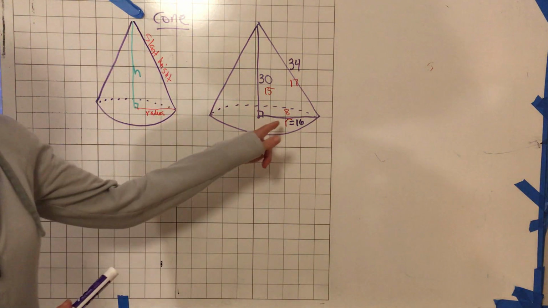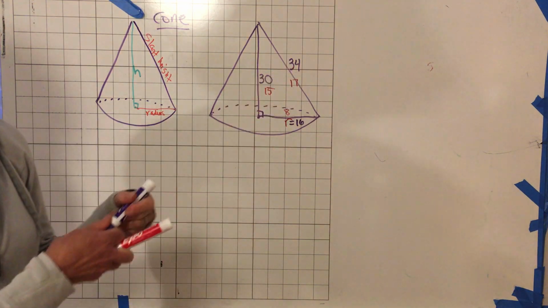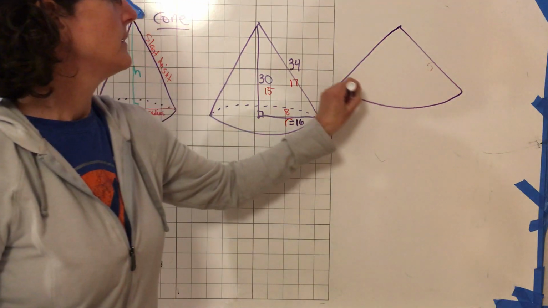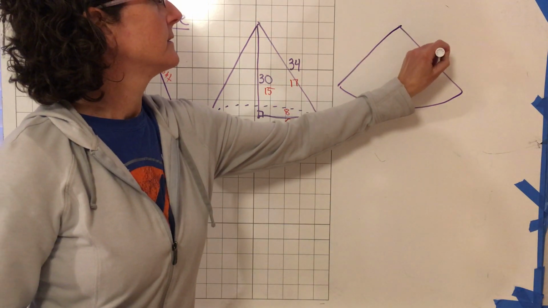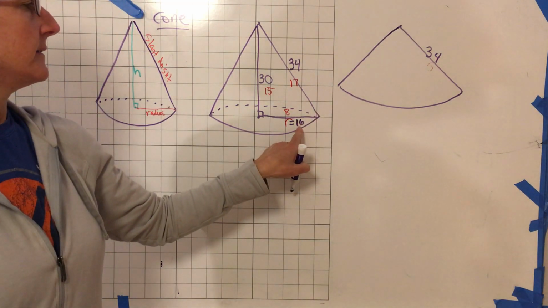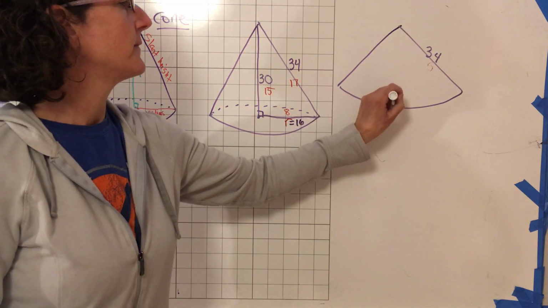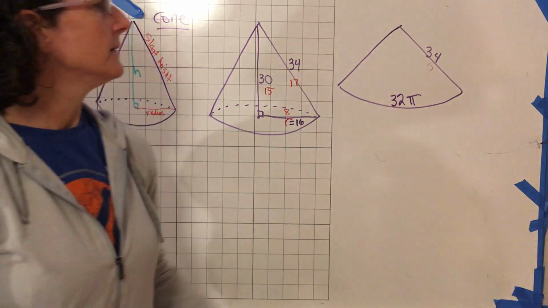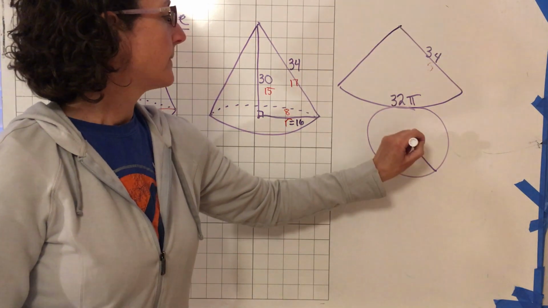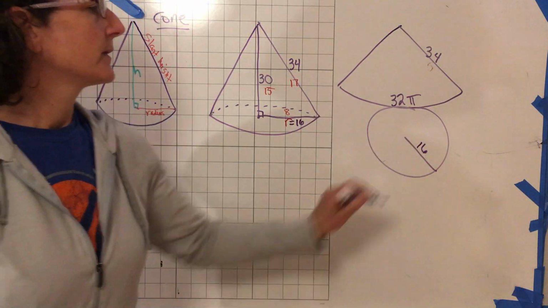All right, so now I have the radius, I have my slant height, and I can go ahead and draw my net. So I go like this, okay? This is my slant height, okay? This is the circumference. If the radius is 16, then the circumference is pi times diameter, okay? And then I have this, which is 16, okay?